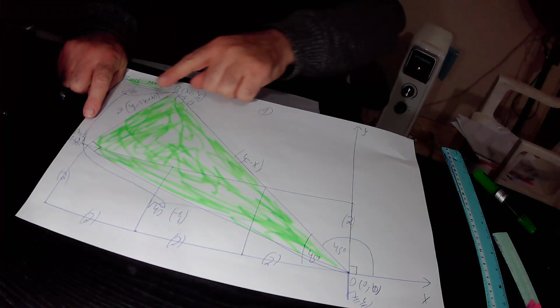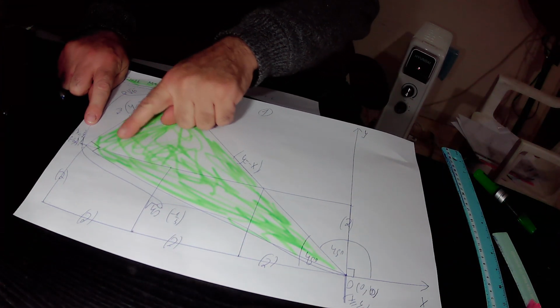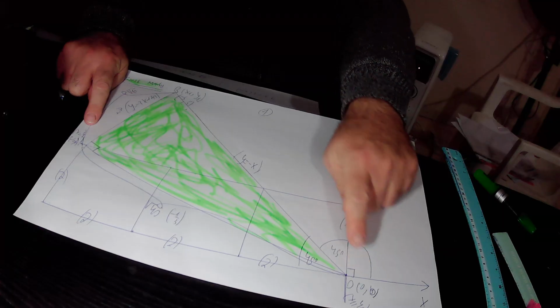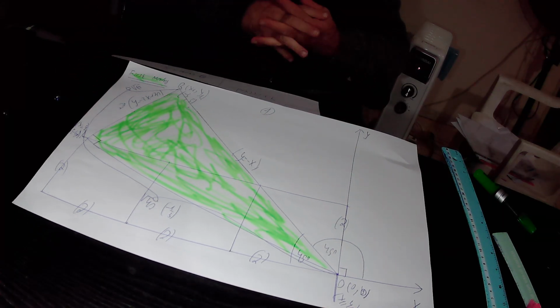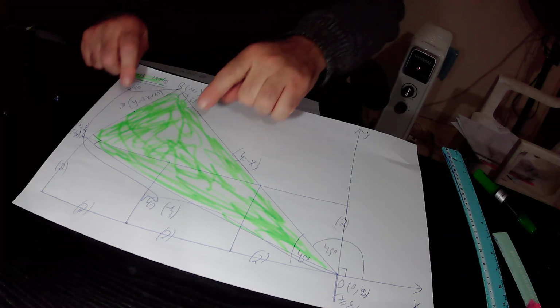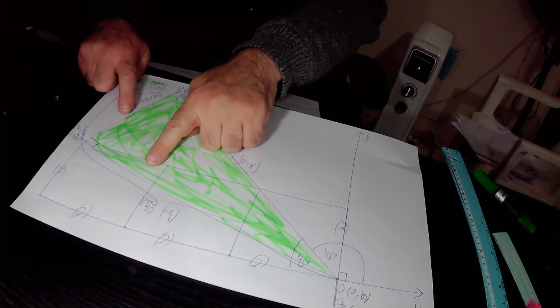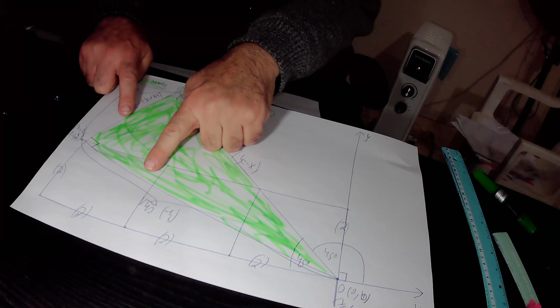Why? Because the straight line AO is perpendicular to the straight line AB. This is the right angle. Therefore, the product of the slopes of those two straight lines must be equal to -1 according to rule 12.